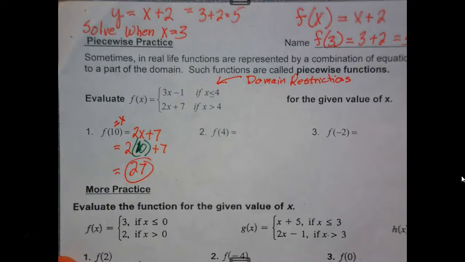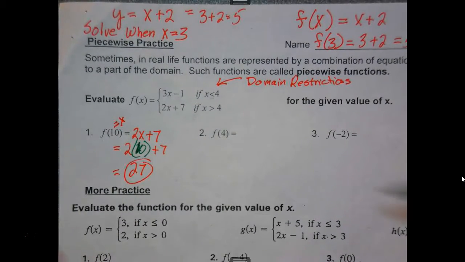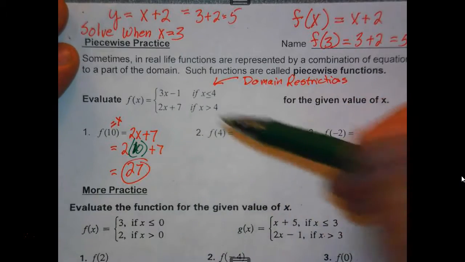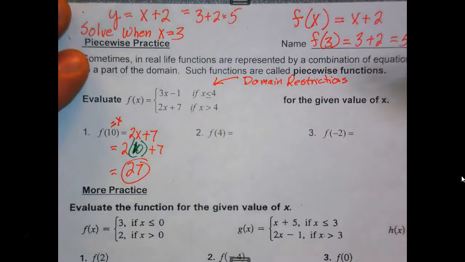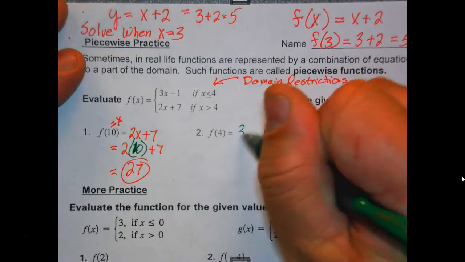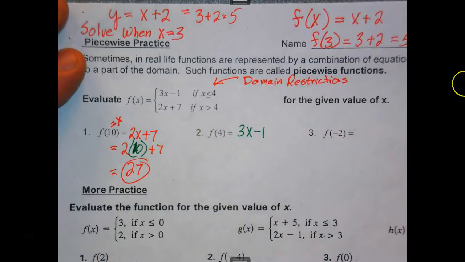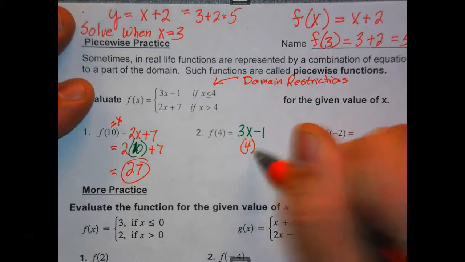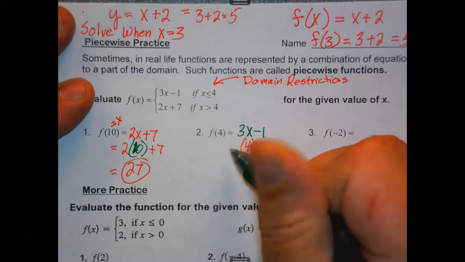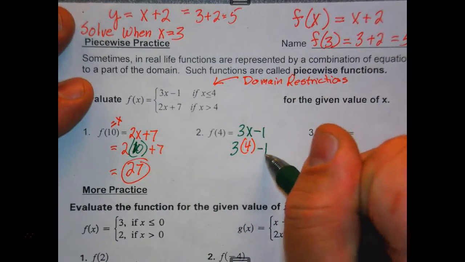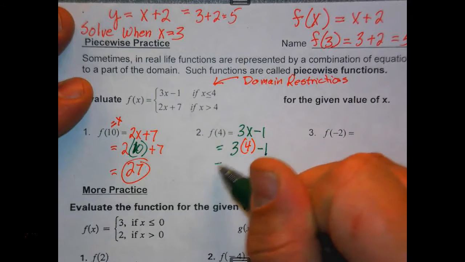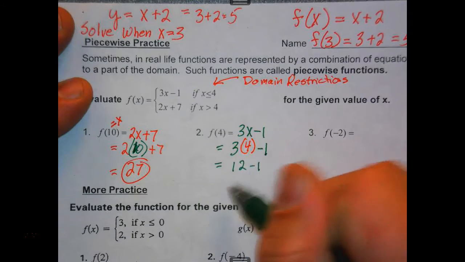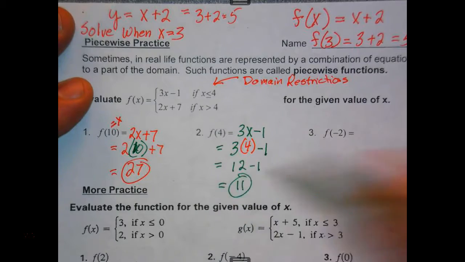What about the f of 4? Which algebraic expression am I going to use? Here x is 4, so I have 3 times 4 minus 1. 12 minus 1, 11.